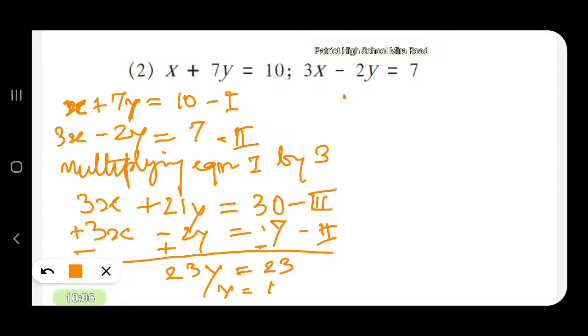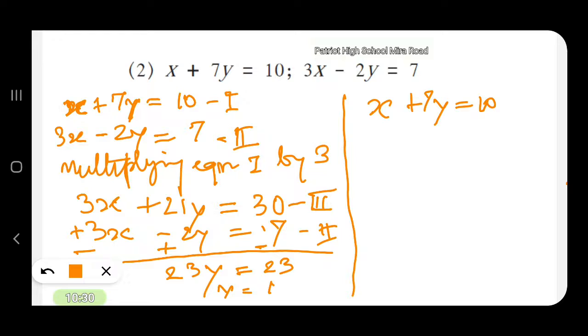Now substituting this value of y in equation number 2, sorry, equation number 1, that would be better. So we have x + 7y = 10.